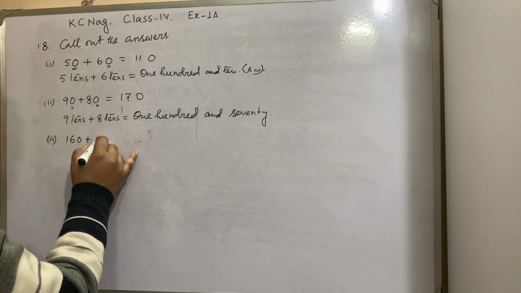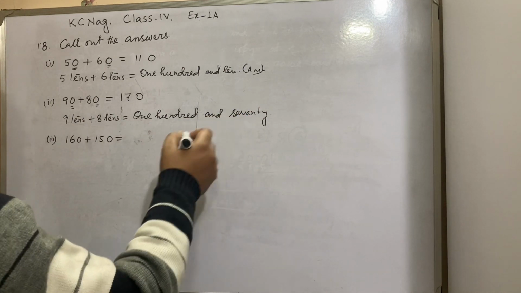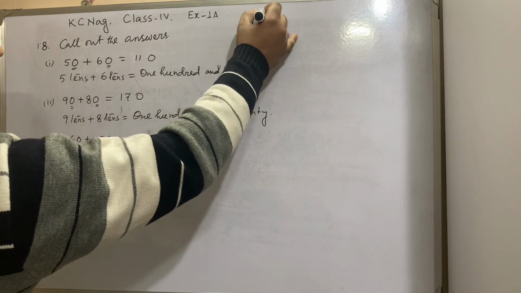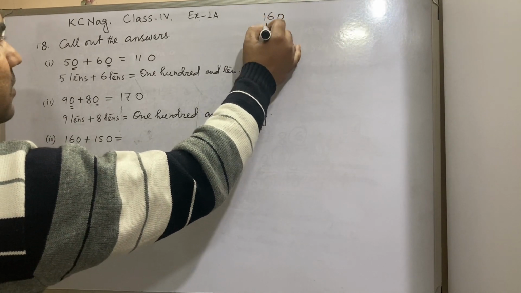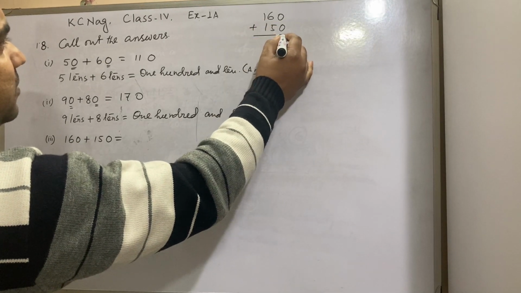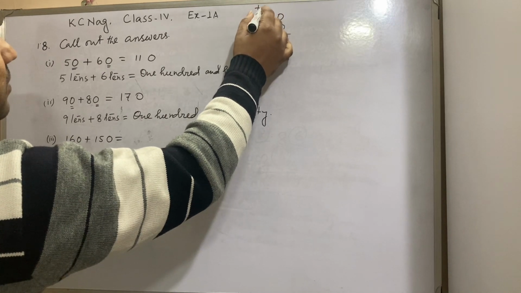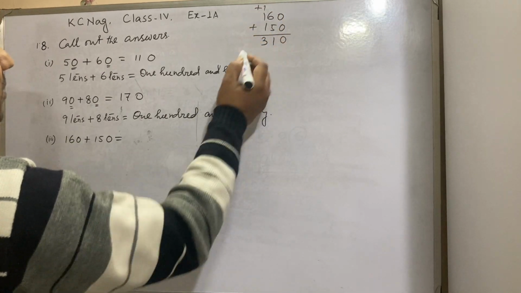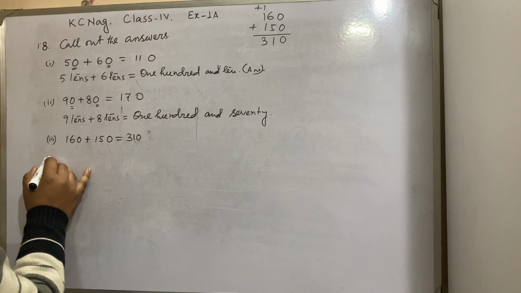Next, question number 3. 160 plus 150. So you have to do the rough work here. 160, 150, plus. 0 0, 6 plus 5 is 11, carry over 1, 1 plus 1 is 2, plus 1 is 3, 310.